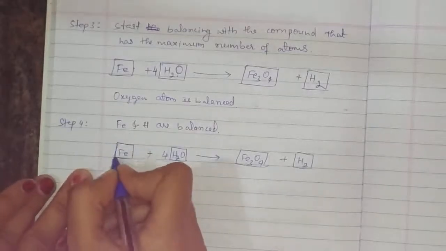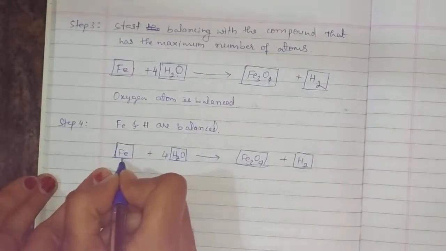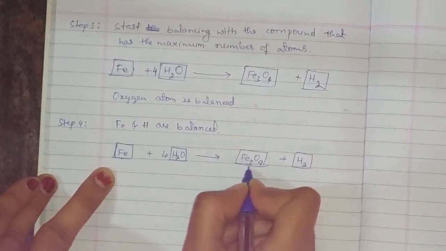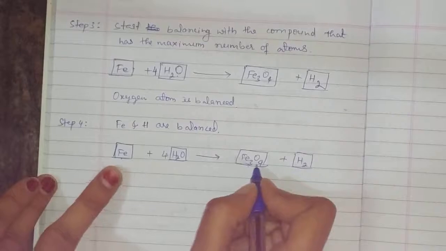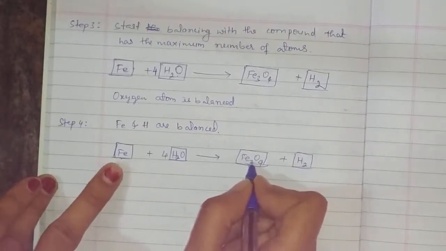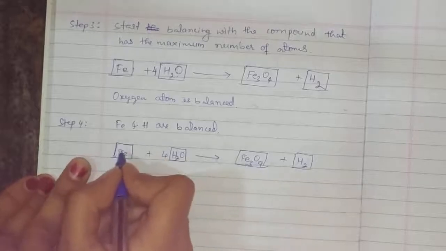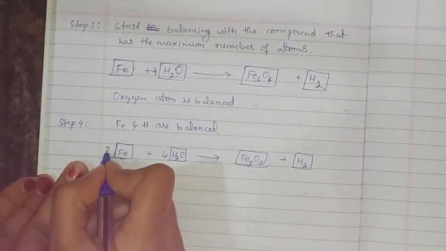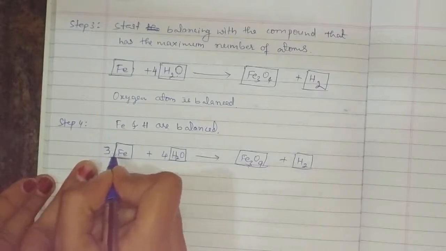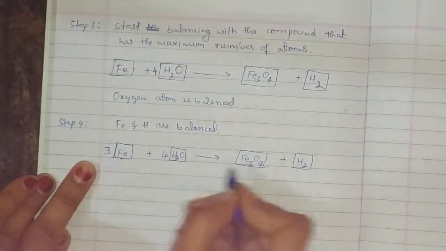See here, one iron atom is present, but in product side 3 iron atoms are present. So to equalize the number of atoms in reactants and products, here we have to multiply by 3. Iron atom is multiplied by 3. So now count the number of iron atoms in reactants and products.